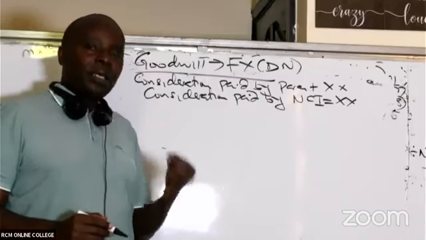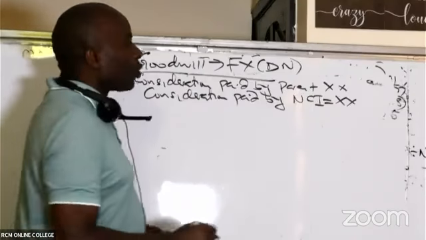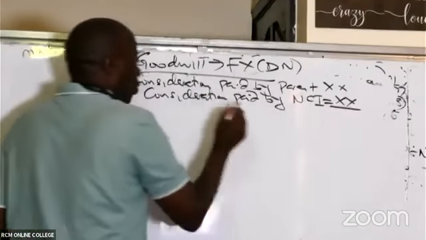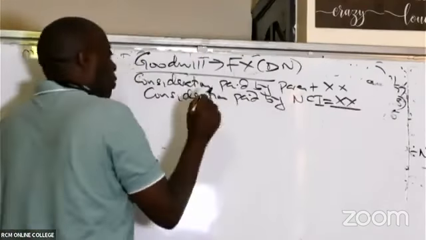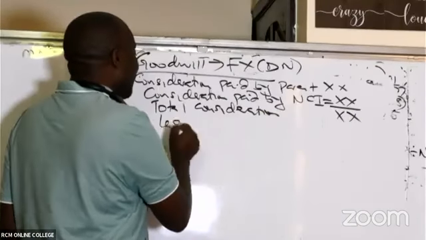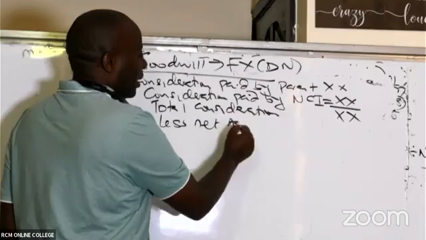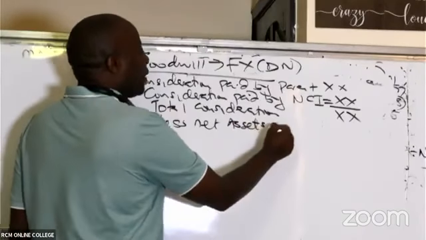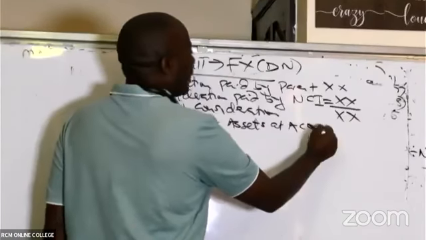So, of course, you'll add the two if it's for the full goodwill method, to get total consideration. And then you come under less net assets at acquisition.